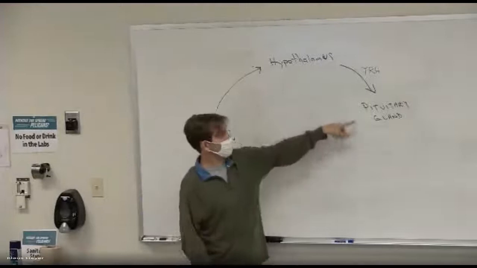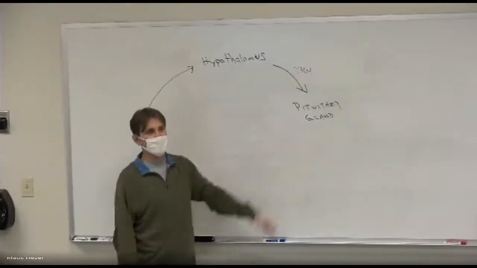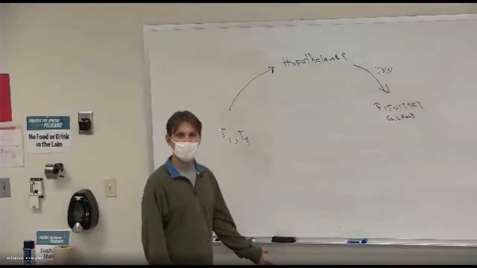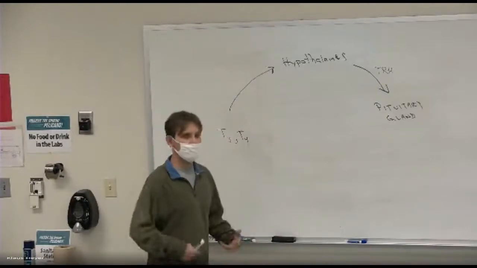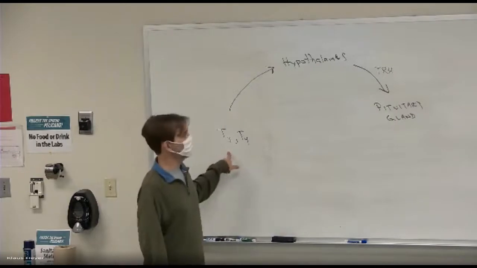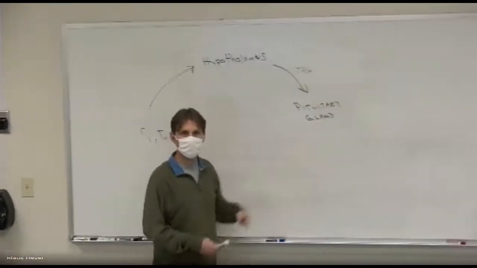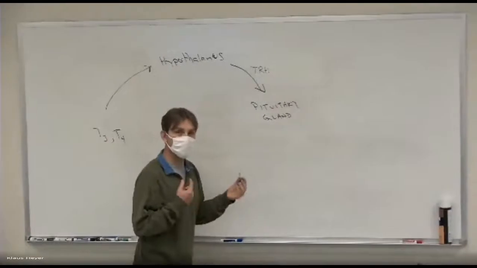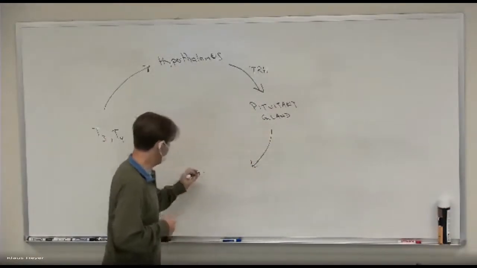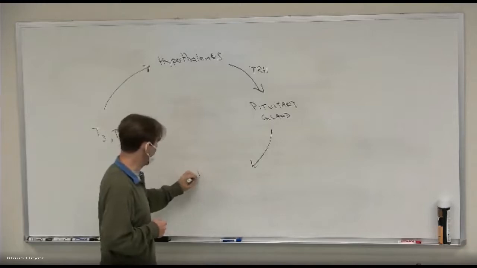That's the hypothalamus saying to the pituitary, something's up with the thyroid. Go talk to the thyroid. I got reports that there's not enough of this. So go tell it to do its job. Now the pituitary gland is going to release a hormone that's going to stimulate the thyroid gland.